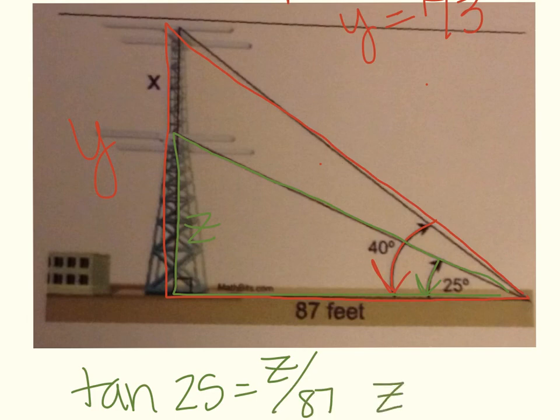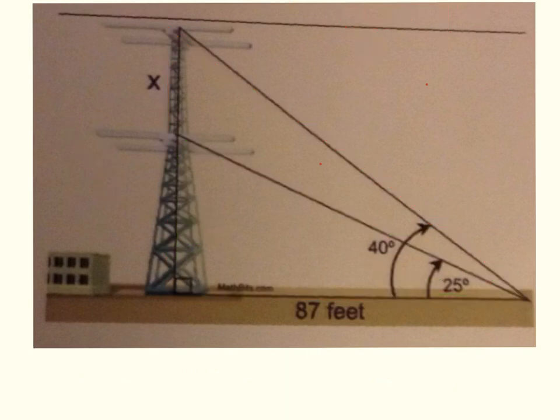I'm going to multiply both sides by 87. The tangent of 25 times 87 is actually 40.6.